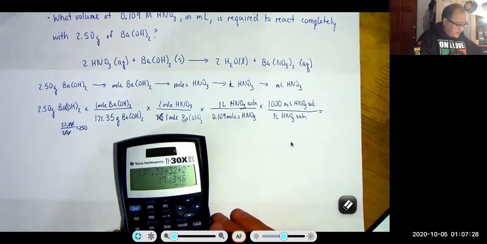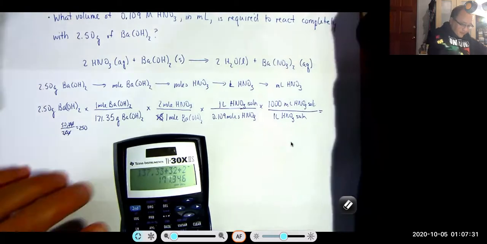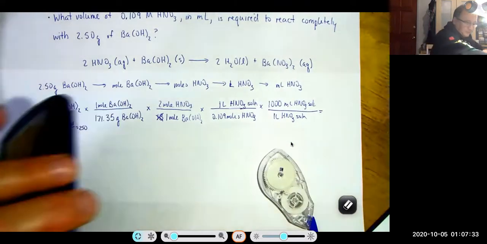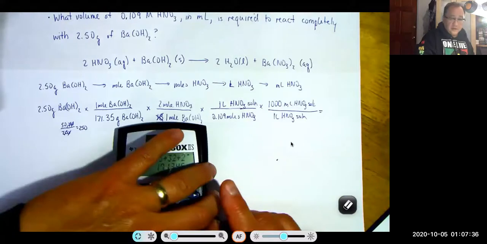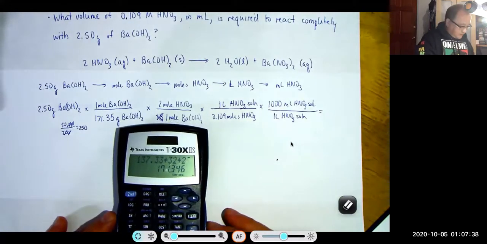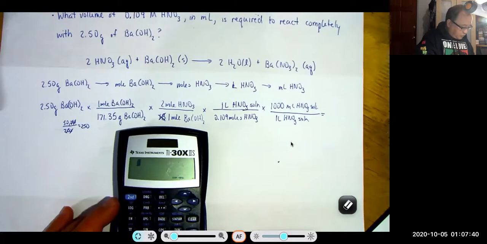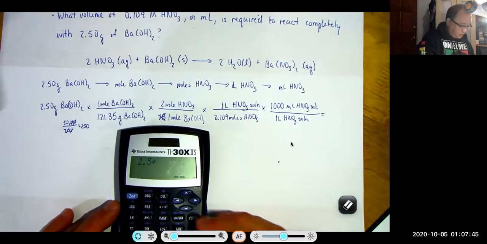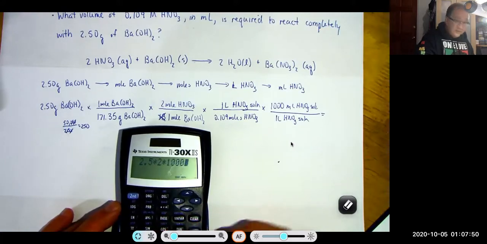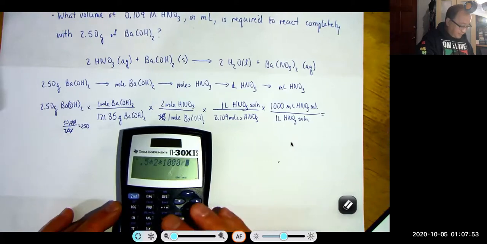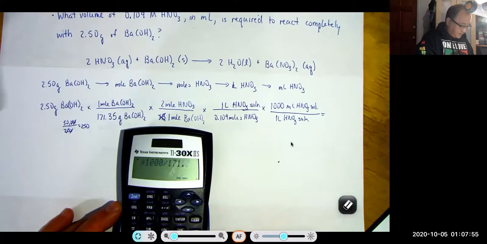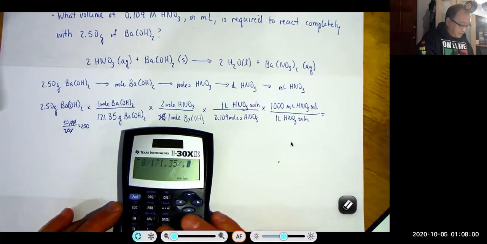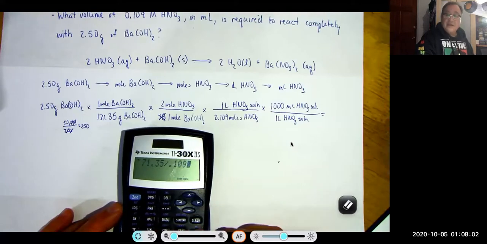Okay, grab this. There we go. Okay, so clear. 2.5 times 2 times 1,000 divided by 171.35 divided by 0.109, and then that's it.